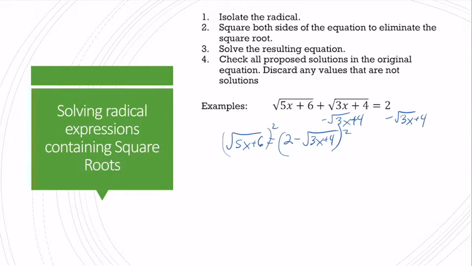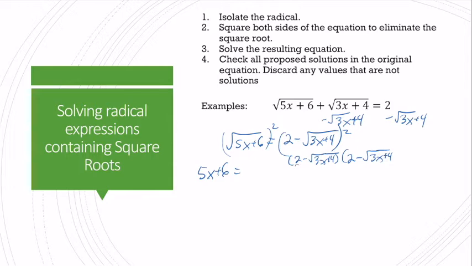My left-hand side, real easy, becomes 5x plus 6. It's my right-hand side that's a little more complicated because I have to FOIL, right? I have 2 minus the square root of 3x plus 4 times 2 minus the square root of 3x plus 4. That's what this square means. I rewrite it because it helps me see how to FOIL better.